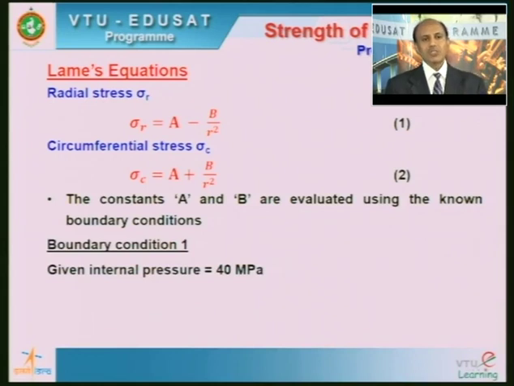The boundary condition we have here is that the given internal pressure is 40 megapascals. That means the pipe is subjected to an internal pressure of 40 megapascals. When you say internal pressure, where does it act? It acts along the internal surface. What is the radius? The radius is 100 millimeter. And in which direction does internal pressure act?